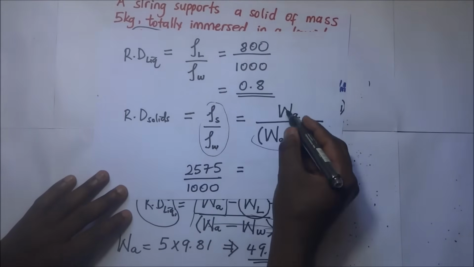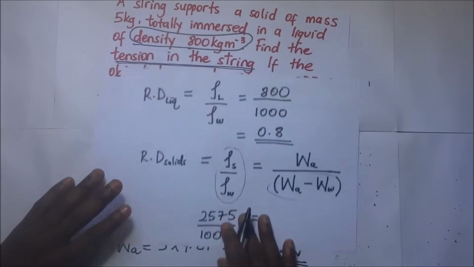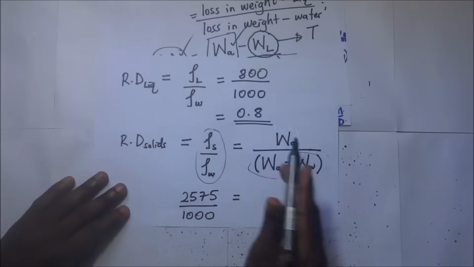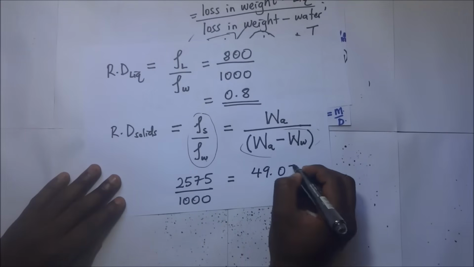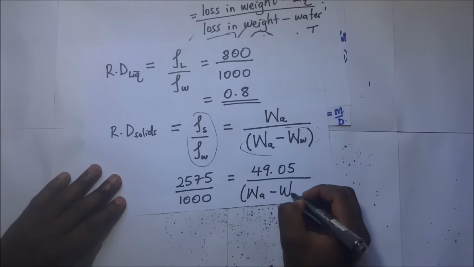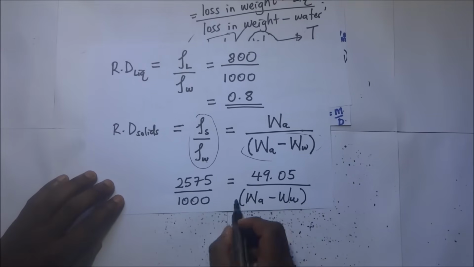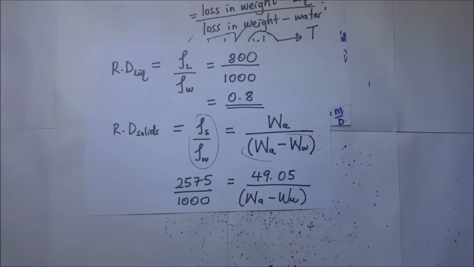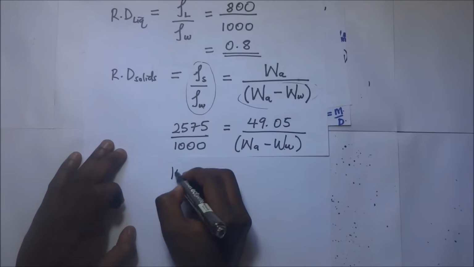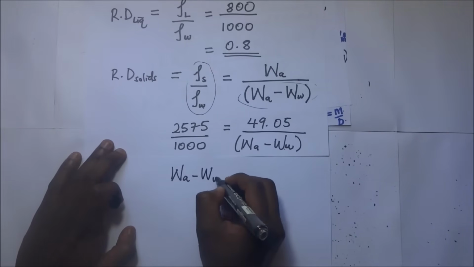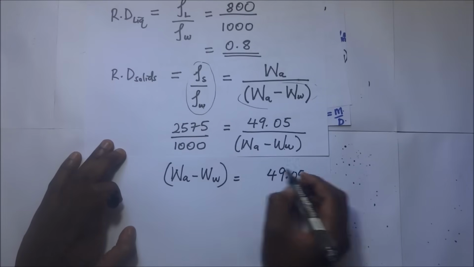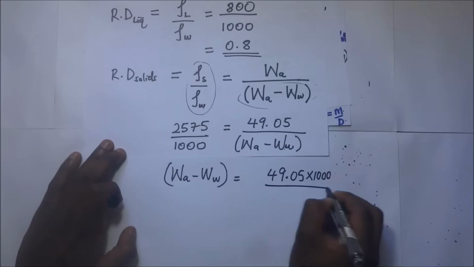This is going to be equal to its weight in air, which we got as 49.05, divided by WA minus WW, the apparent loss in weight when it is dipped in water. This is what we want. When we make this the subject of the formula, WA minus WW becomes 49.05 times 1000.